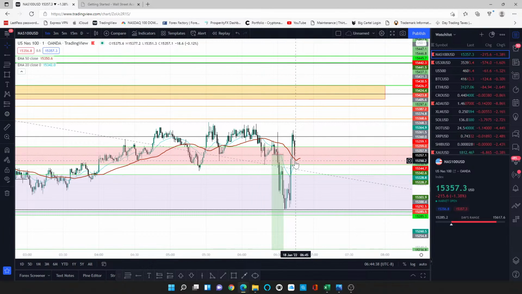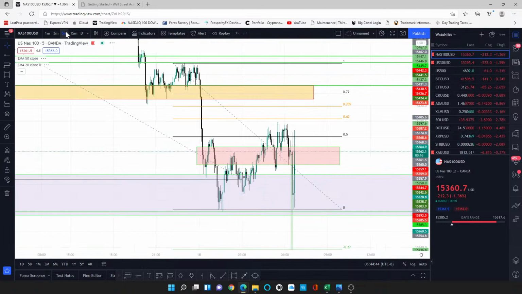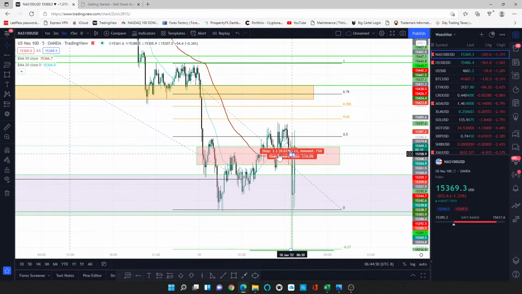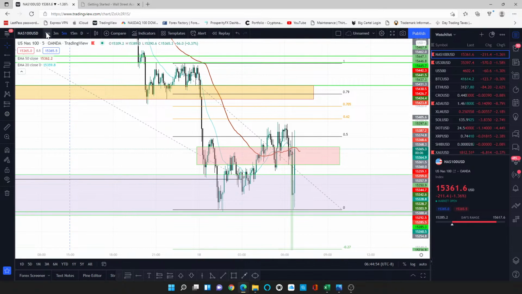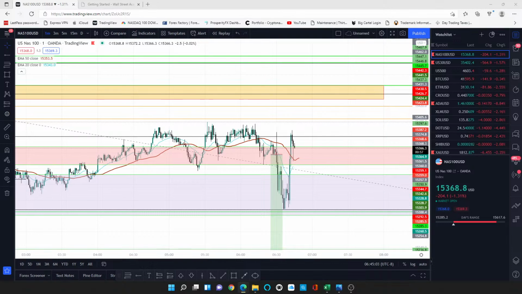See how it's kind of using that area as support now, broke through it, now it's using it as support. But still using this as resistance, right? Still rejecting it. Yeah, that 15-minute finished pretty wild.